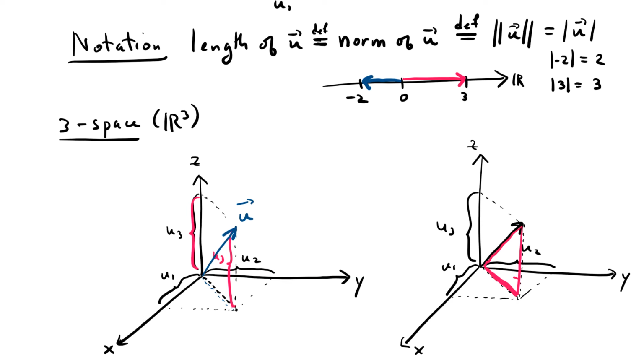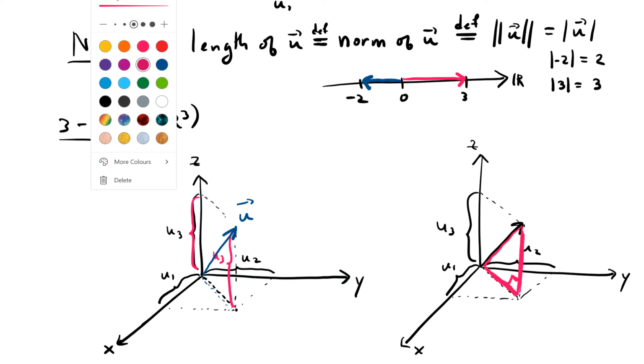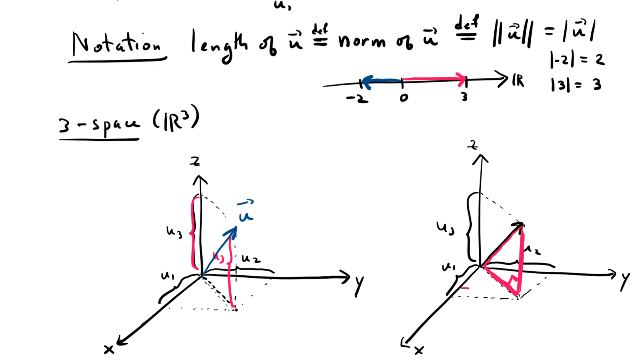It's kind of hard to see, but if you think about it for a second, this side here is going straight up, so it's making a right angle with the xy plane. So I've got a right angle triangle here, and I've got another one right here as well. So this is also a right angle here. So this is also a right angle triangle.